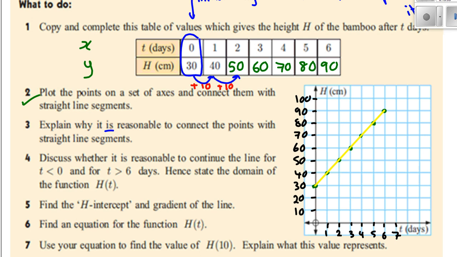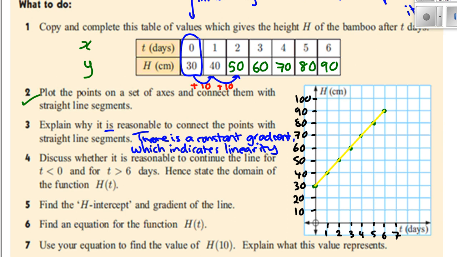As opposed to using a curve, why would you use a straight line here? So you could say the height forms a linear pattern. You could say there is a constant gradient, which indicates a linear function or linearity.